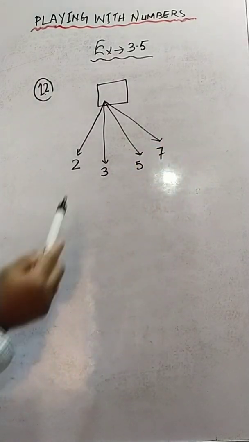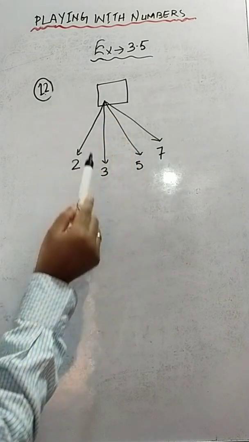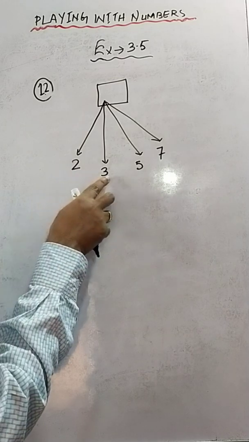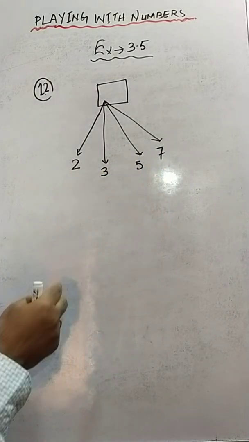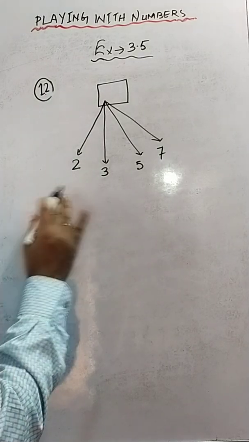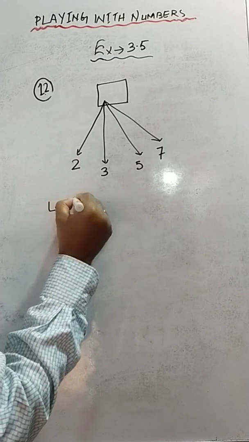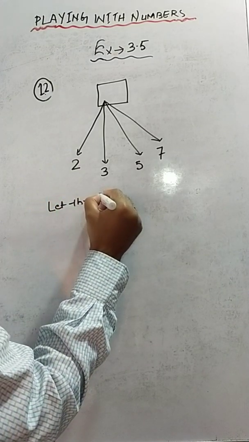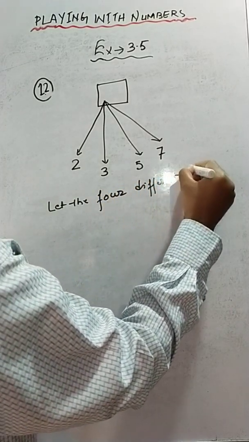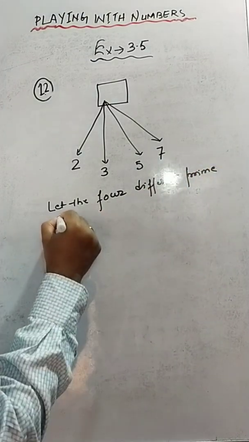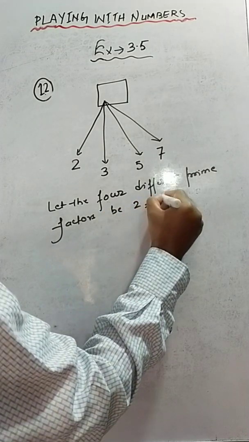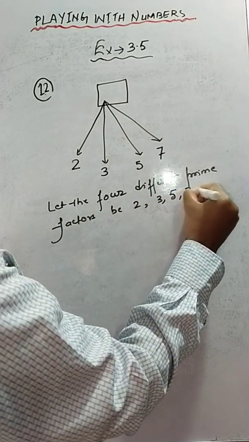So we will assume that the unknown number has different prime factors which are 2, 3, 5 and 7. So how will we find this number? First of all we will write the prime factors. Let the 4 different prime factors be 2, 3, 5, 7.